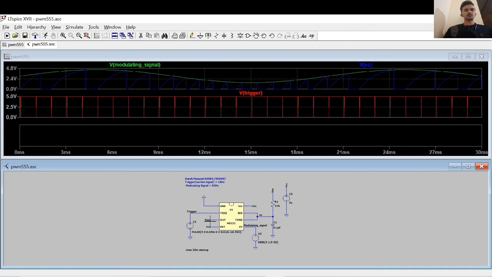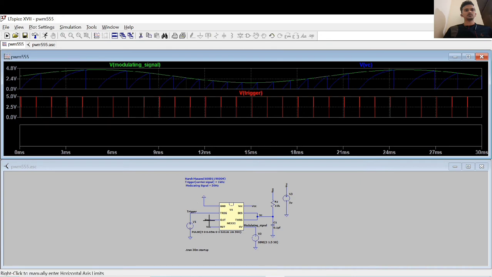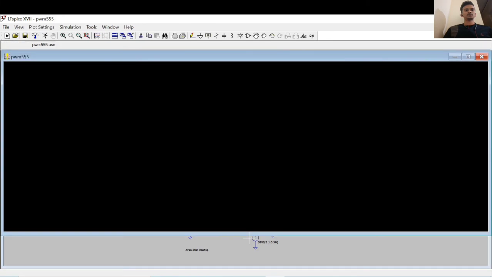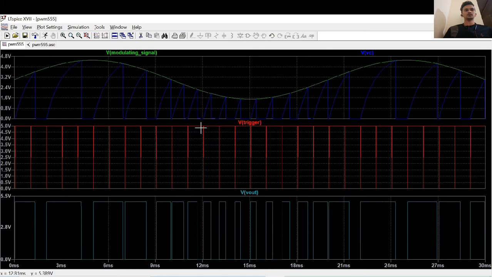So here we get the output. So let's plot it. So this is our PWM waveform. Okay, so you can see as the amplitude of my modulating signal is higher, at around 4 volts, my T on period is higher.